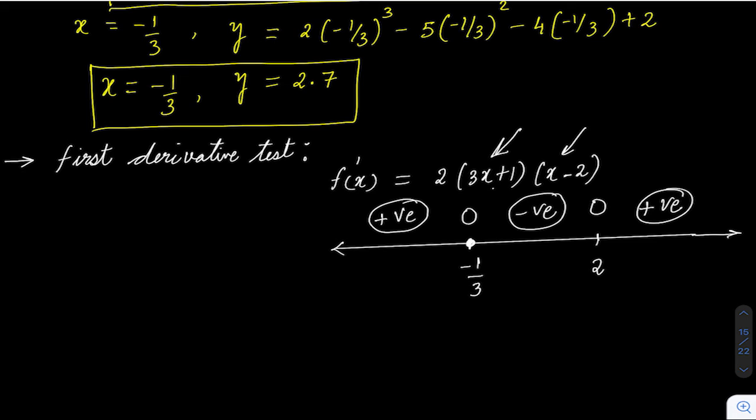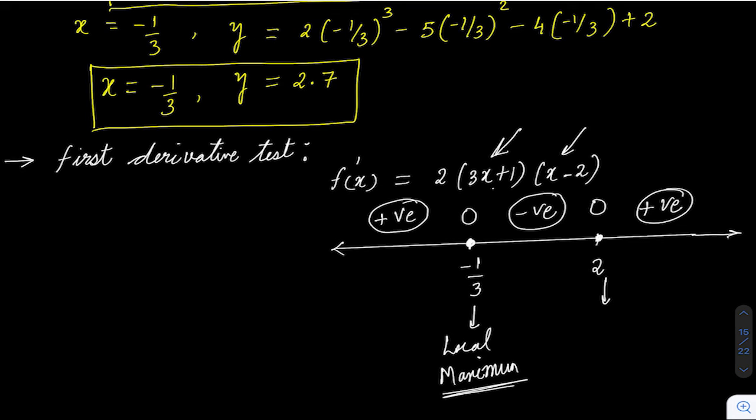Now remember, whenever you go from positive to negative, you get a local maxima. I think I told you, remember it like this: whenever the sign changes from positive to negative, then you have local maxima. And around 2, f dash x is going from negative to positive. You can see less than 2 it's negative, then 0, then positive.